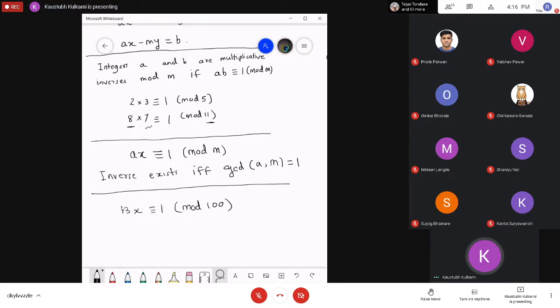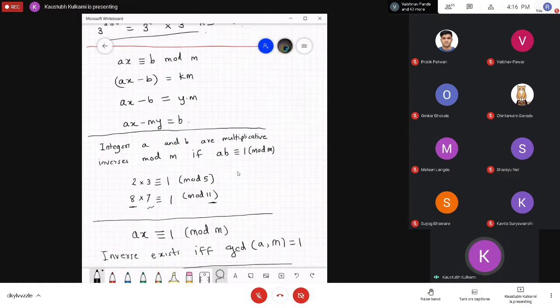By brute force, we would have to check 1, 2, 3, up to 13, whatever the result is, you divide it by 100 and see if the remainder is 1 or not. So this is the brute force method which we will not be using.